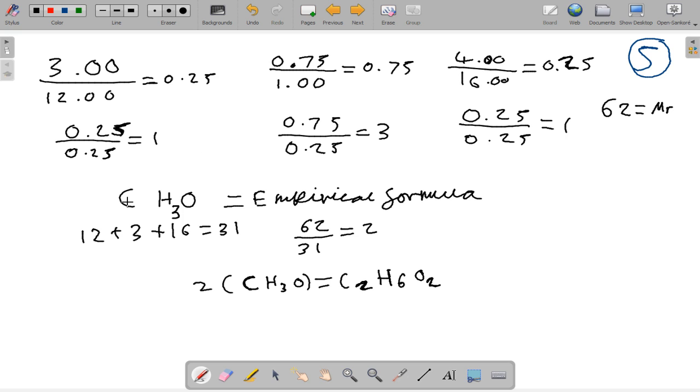So the empirical formula is CH3O, and the molecular is 12 plus 3 plus 16 for the mass of this, and 62 over 31 is 2 again. So 2 times C times H3 times O is C2H6O2. So that is the molecular formula.